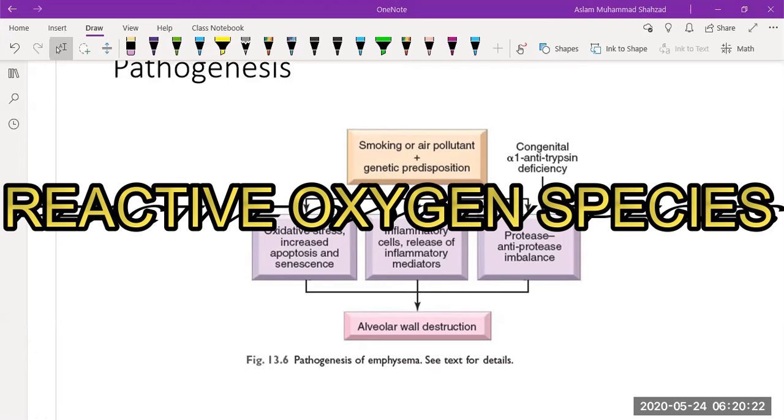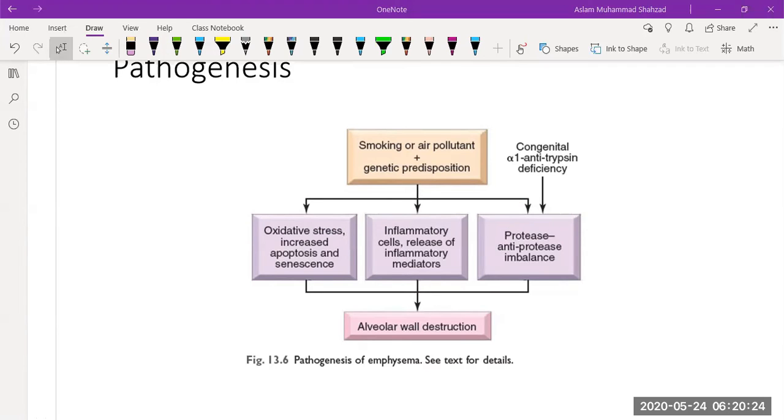And actually these reactive oxygen species are also involved later in cancer formation. So cigarette smoking or inhaled particles play an important role as oxidative stress, and they are responsible for causing tissue damage and inflammation. That is the first stage.